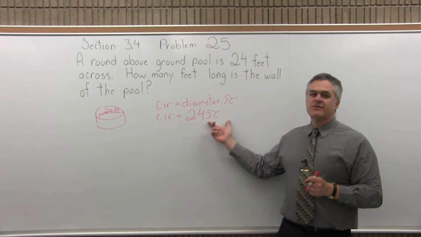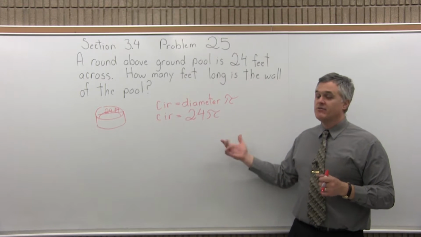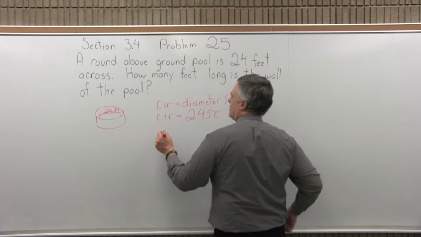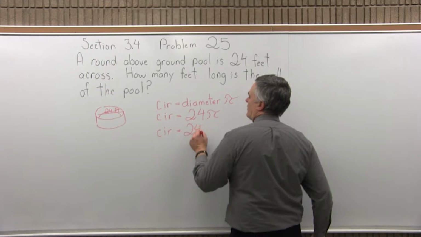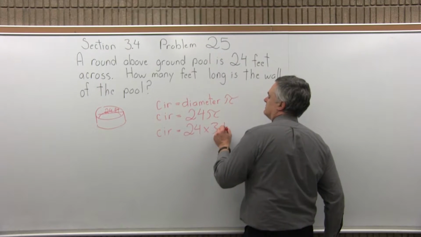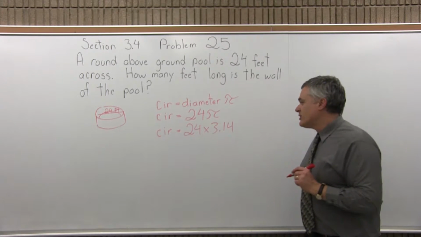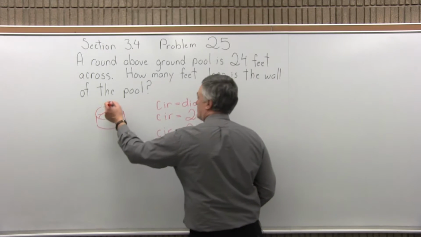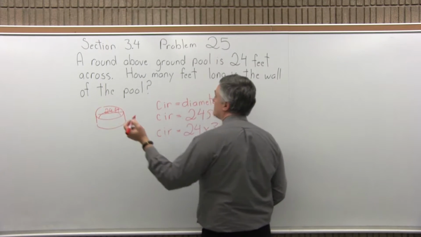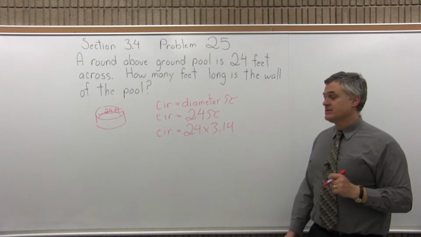How many places after the decimal do you want for pi? It never ends. For most people though, a good number for pi is 3.14. So if I multiply 24 times 3.14, it'll tell me the distance around the outside edge of that pool, in other words, how long the wall of the pool is.